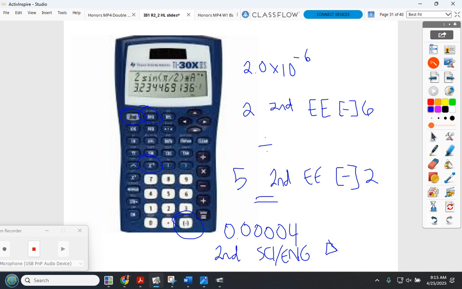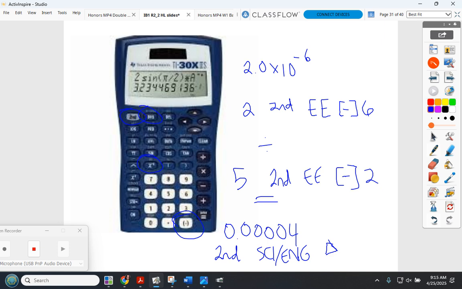I just go between float, which is what you think of as regular decimal notation, meaning that the decimal place is wherever it is. Remember, in scientific notation, the decimal place is always after the first non-zero digit, so that's why it's different from floating decimal. When you see float, that means regular. When you see SCI, it means scientific, and it'll actually show up on the screen.